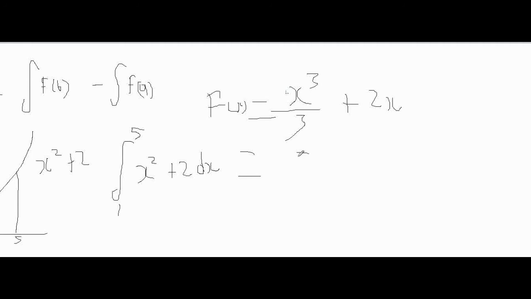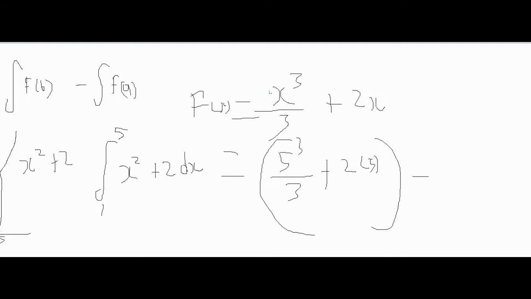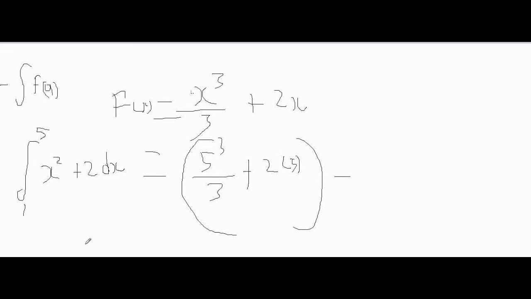So we're going to say 5 cubed over 3 plus 2 times 5, and all of that minus 1 cubed over 3 plus 2 times 1.